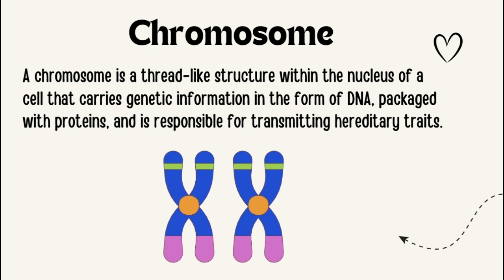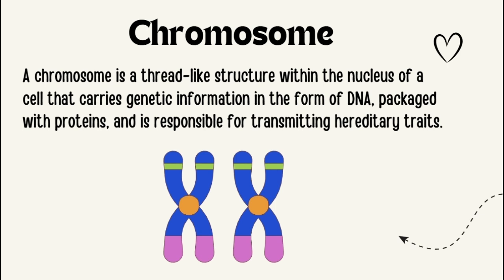But that's not the point. We just want to know at this level that it's a thread-like structure within the nucleus, and it carries genetic information in the form of DNA, because we know that. And by the way, DNA is also packaged with proteins and all that stuff in here, but we're not getting into any of that right now.